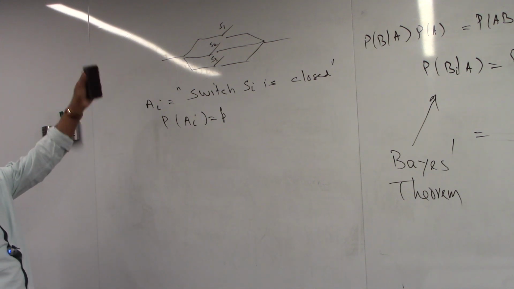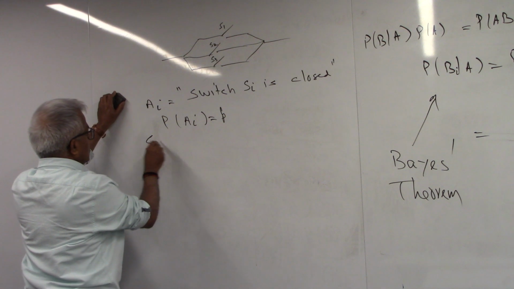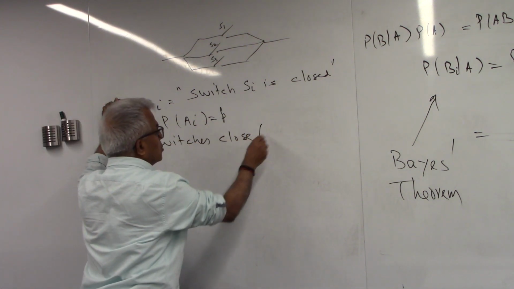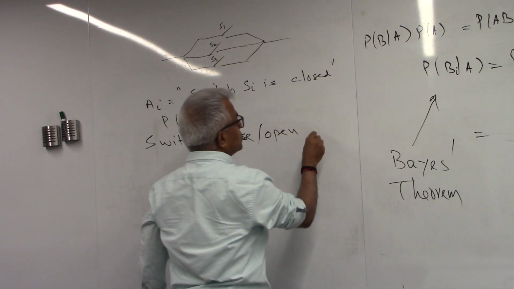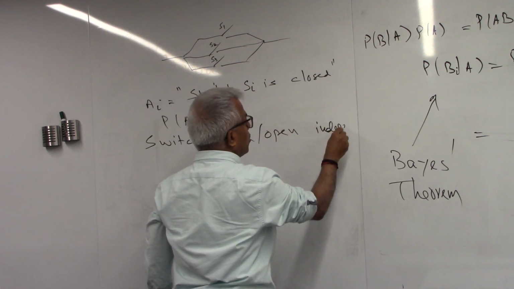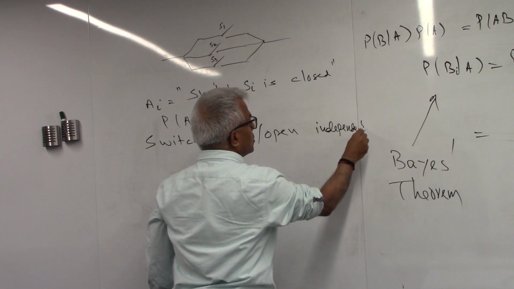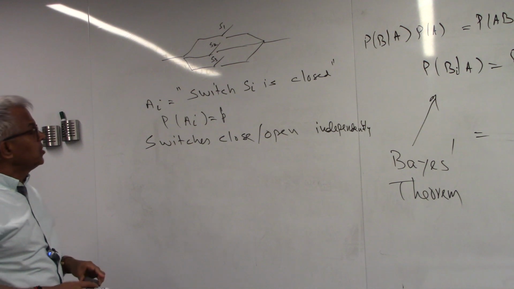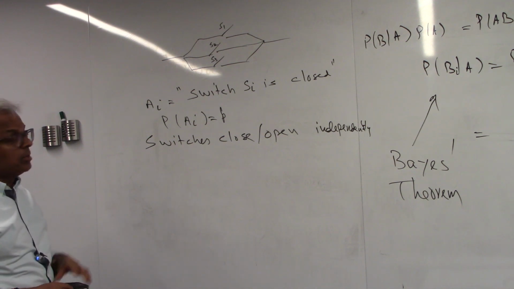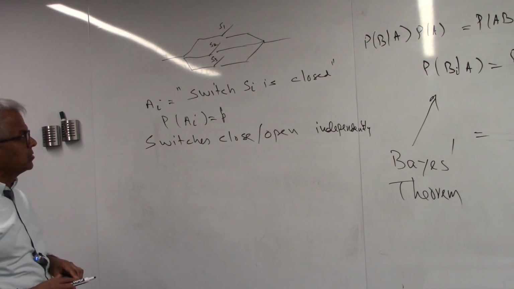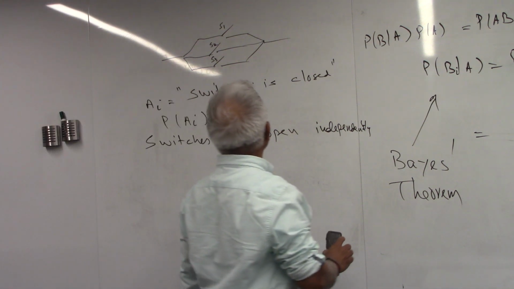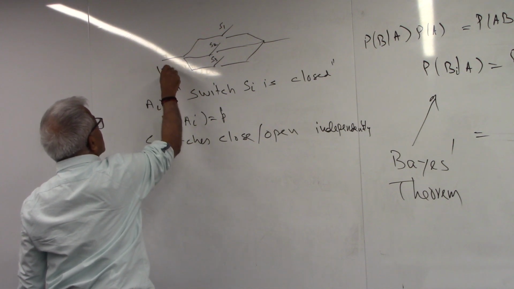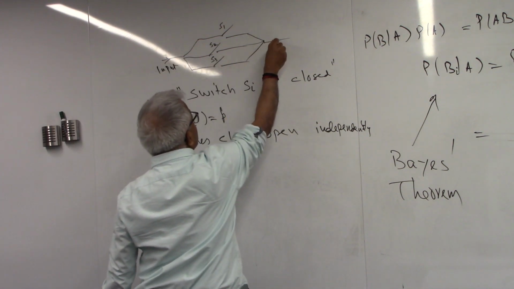The switches close or open independently. In other words, the switches operate independently. What all that means is the probability of Ai and Aj is P of Ai multiplied by P of Aj, which is P squared, etc. The question is, what is the probability that an input signal is received at the output?